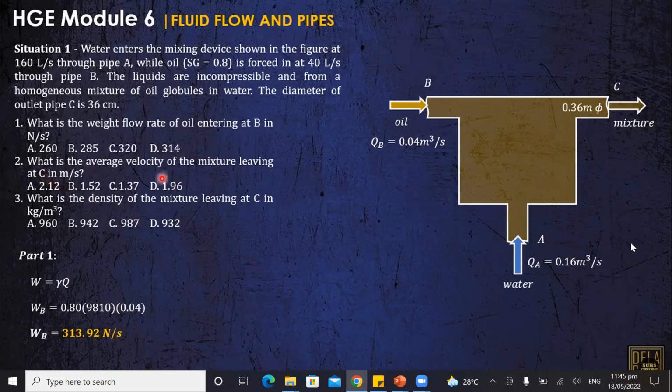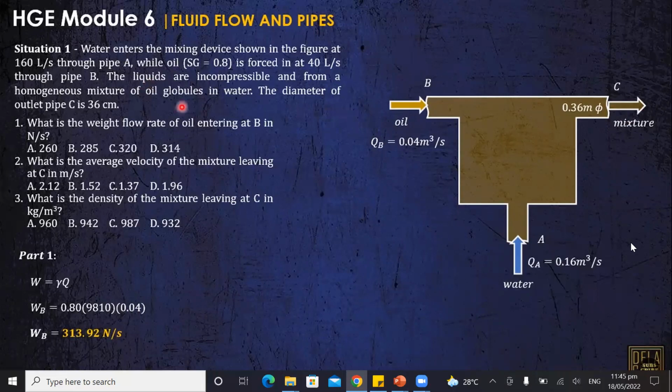Alright, what is the average velocity of the mixture leaving at C? Average velocity. So in order for us to calculate the velocity, dapat may discharge tayo. Discharge at C or Q sub C. Okay, so how can we calculate the discharge at C?